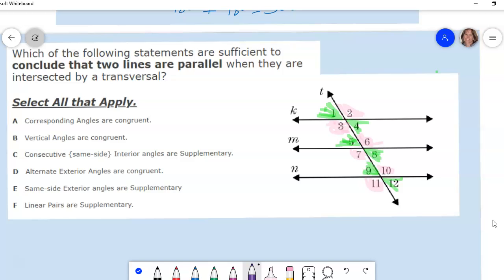All right, so let's read our first one. Corresponding angles are congruent. Well, let's think about some of our corresponding angles. Let's say angle 2 is going to be congruent to angle 6. We also know that angle 6 is congruent to, say, angle 10.